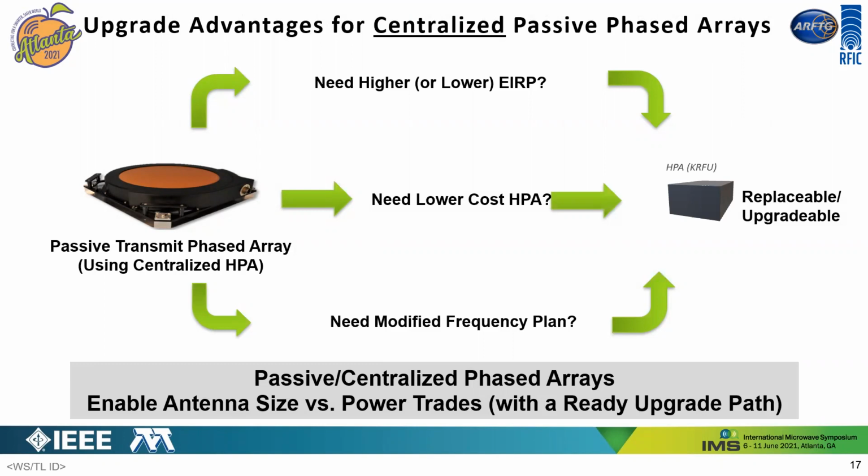In addition, the centralized approach is ideally suited to simplified accommodation of different desired EIRP levels or frequency plans for a given aperture, i.e. it's a simple replacement. Whereas in a distributed architecture, comprised perhaps of thousands of individual HPAs and LNAs, this may be driven to completely different chipsets and/or strong changes to the PCBs and the associated hardware.